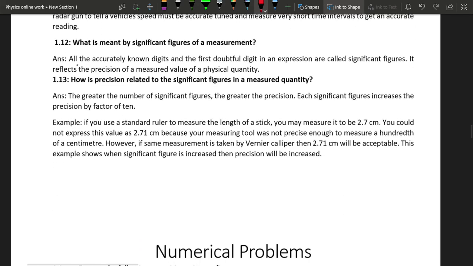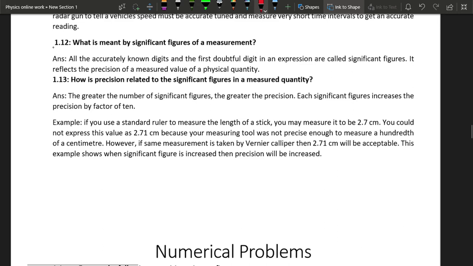Now the next question is, what is meant by significant figures of a measurement? All accurately known digits and the first doubtful digit in an expression are called significant figures. It reflects the precision of the measured value of the physical quantity.